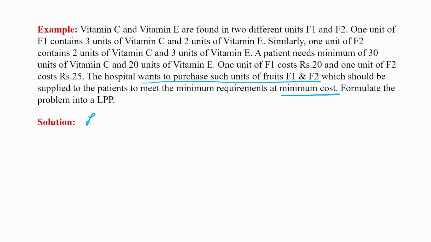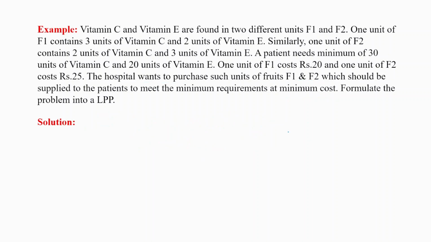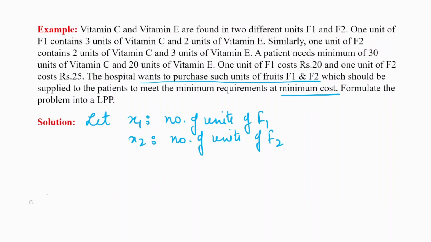So what we'll be assuming here, let x1 be the number of units of F1 fruit, and x2 be the number of units of F2 fruit. Let us create a table quickly.